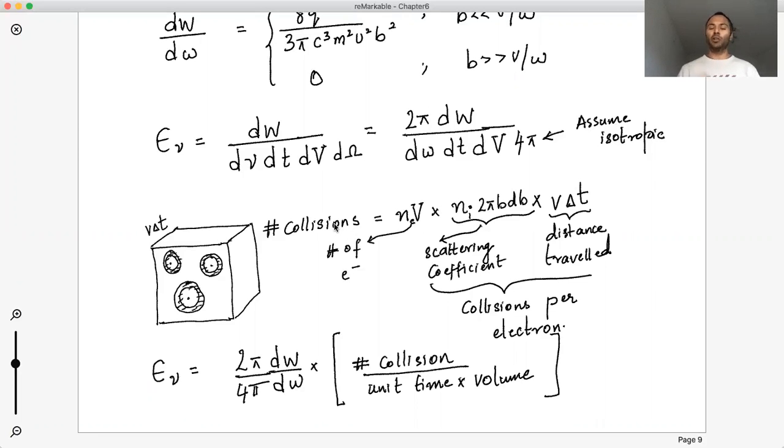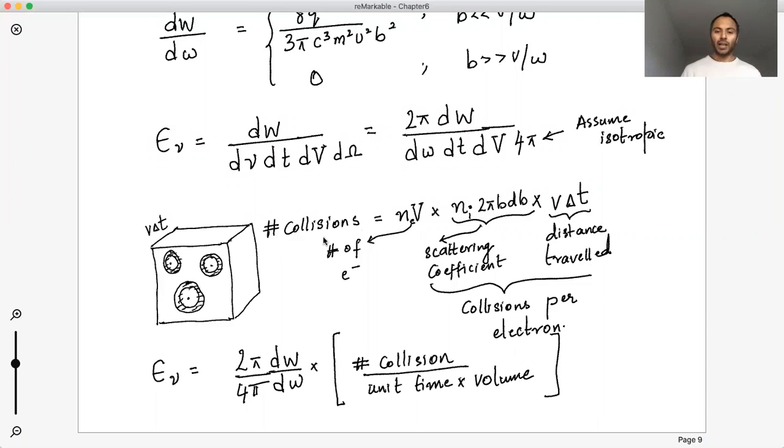So we're going to calculate the number of collisions for a given impact parameter. And to be more mathematically rigorous, we're going to do the number of collisions per unit range in impact parameter. So what we're doing is the number of collisions divided by db, the differential spread in the value of the impact parameter.